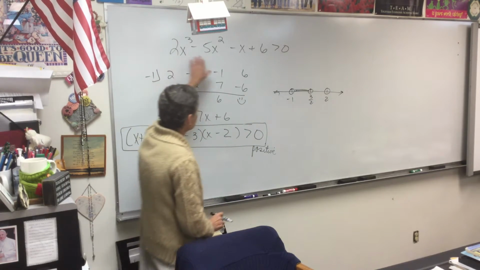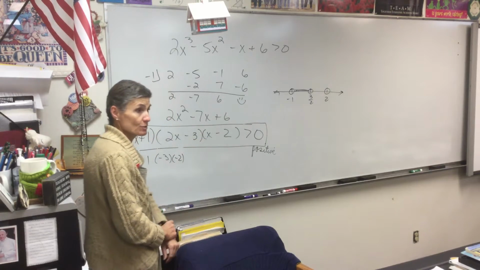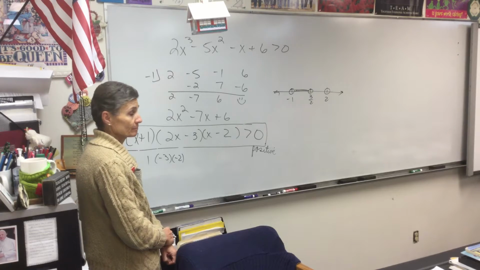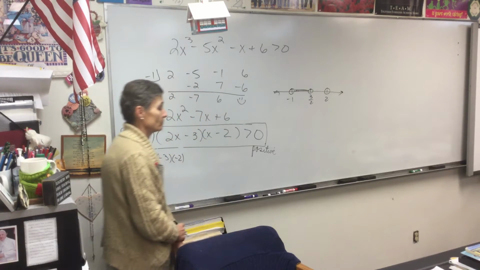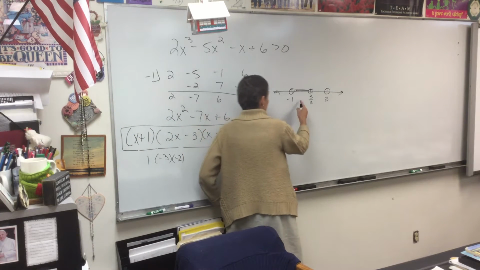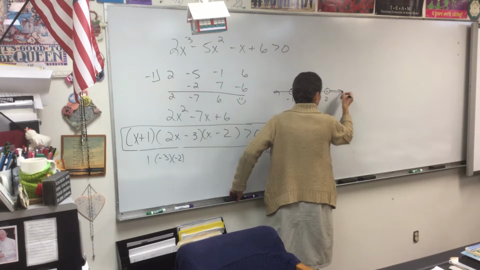Because when I plugged in 0, either in the original problem or into my factors, I got +6. That's bigger than 0. So that section, that's where 0 is on the number line. That section works. This one won't, this one won't, this one will.